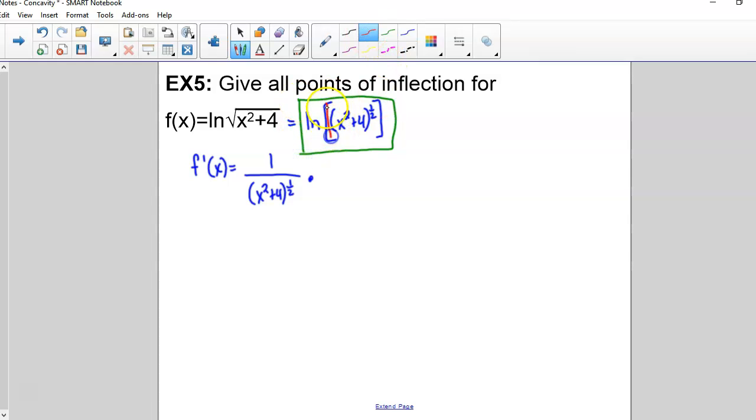Now we take the derivative of this inside box. So to take that derivative, we still have to use chain rule because we've got this very inside part here. So we'll have to do 1/2 x squared plus 4 to the negative 1/2 times the derivative of x squared plus 4, which is 2x.